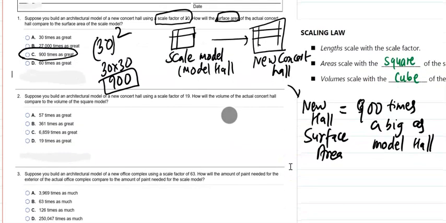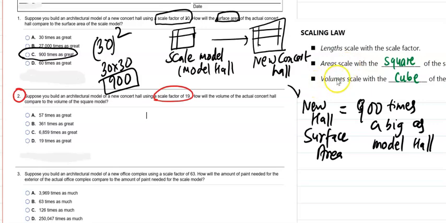All right, question number 2. Similar question, but you're looking for how much the volume is going to change when you use a scale factor of 19. It's similar to question number 1, where you're comparing the model hall with the new hall, but about the volume.